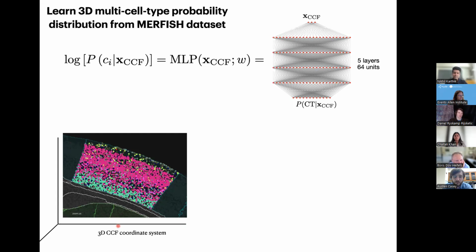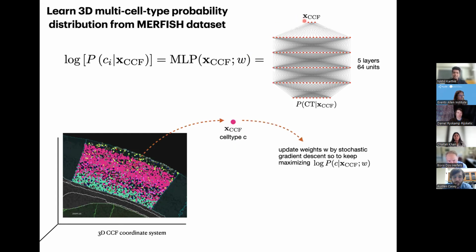The idea behind the training is that we randomly pick a MERFISH cell from WISP. Its location and cell type are known, and we feed this location into the MLP and predict its cell type, then use stochastic gradient descent to slowly increase the probability of predicting the correct cell type.